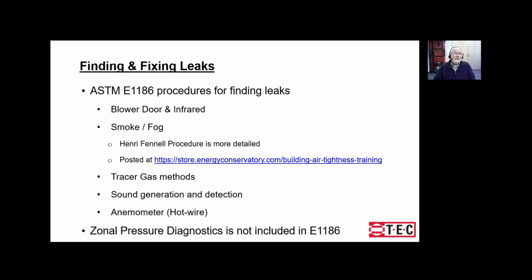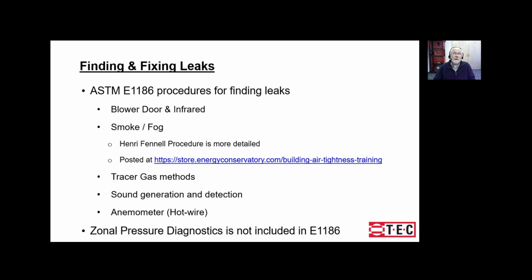And this last technique that I have listed here, the zonal pressure diagnostics, isn't in E1186, but probably should be. And the way this works, you pressurize part of the building and then you measure in another part of the building or an attached garage or crawl space to see if there are leaks between the main part of the building and that zone that you're measuring in.